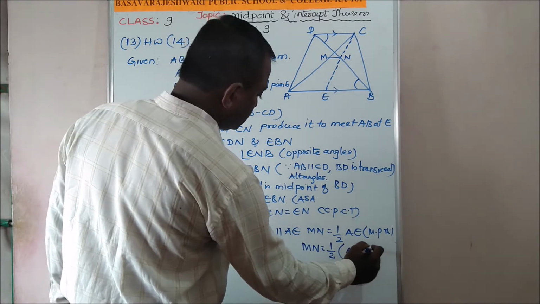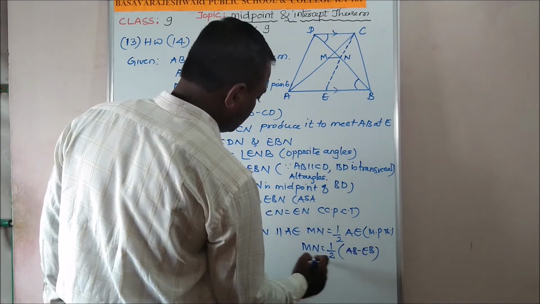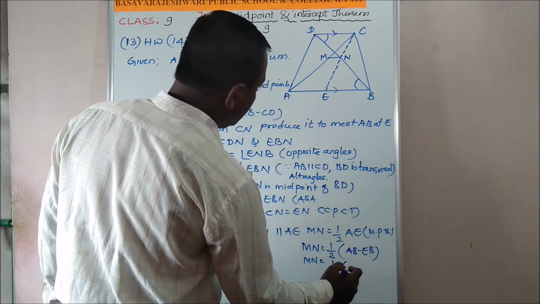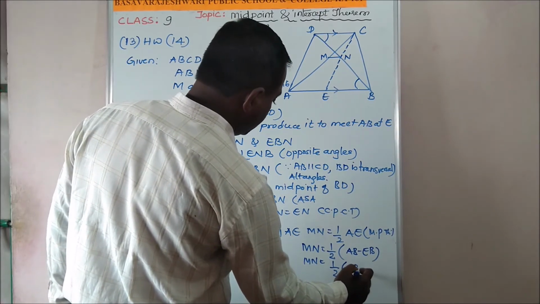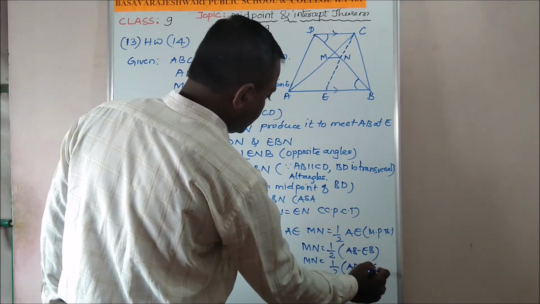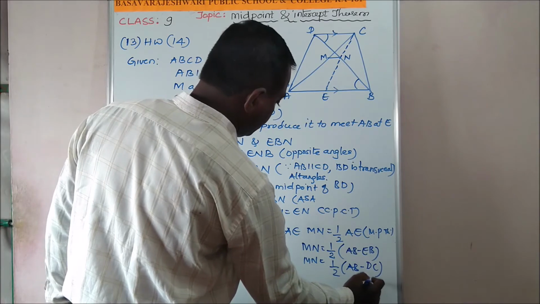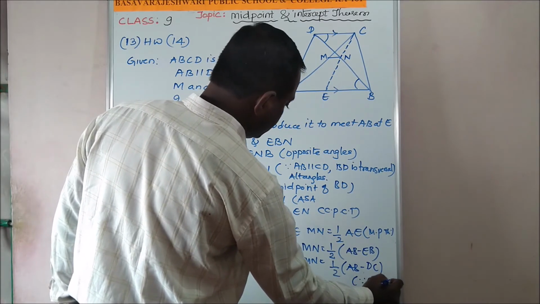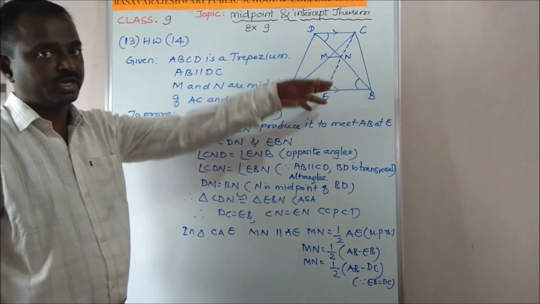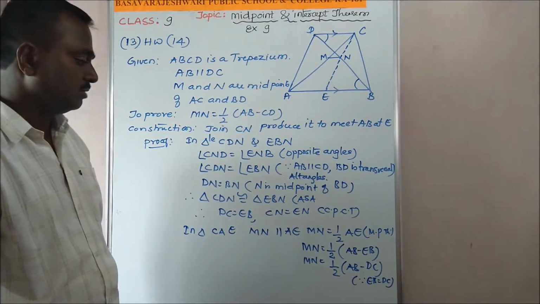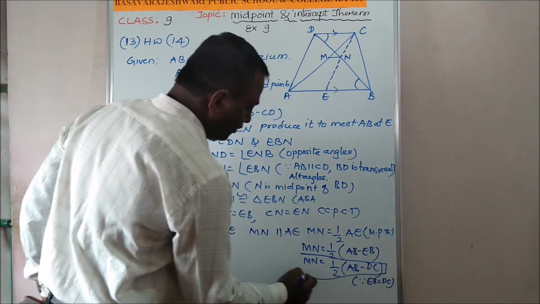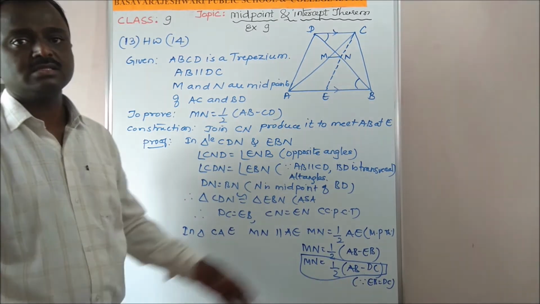So MN is equal to half of AB minus, instead of EB, I can write DC, because EB is equal to DC. Why? Because we have proved the congruency already. So we have proved MN is equal to half of AB minus DC.